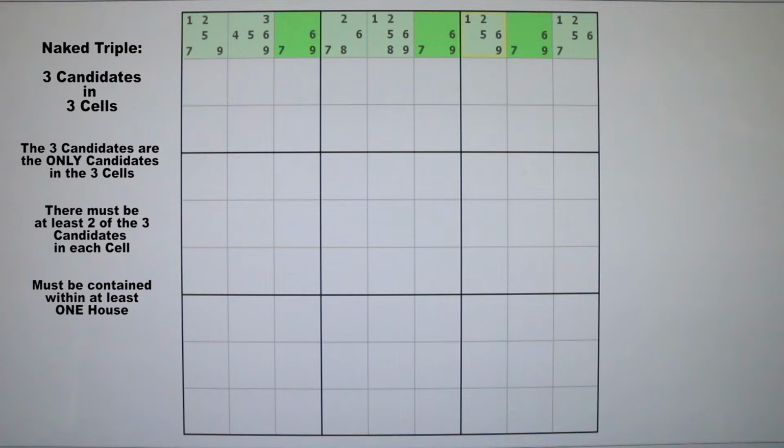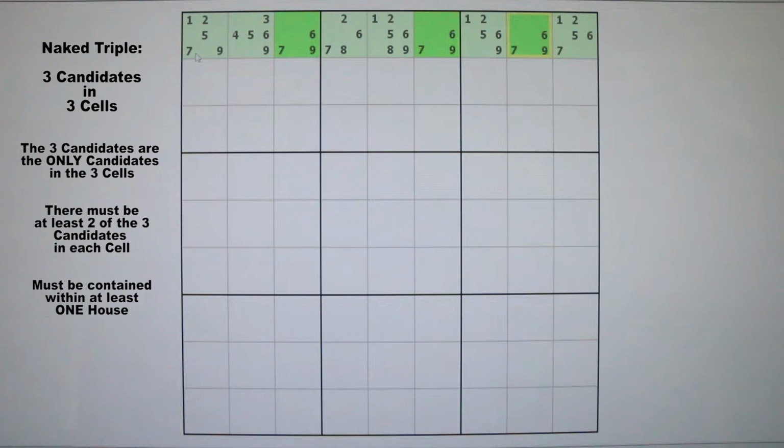So that means 7, 6, and 9 cannot be true in any one of the other cells in row 1, just like with the naked pair. So we can eliminate every 7, 6, and 9 outside of those 3 cells that lie in row 1.